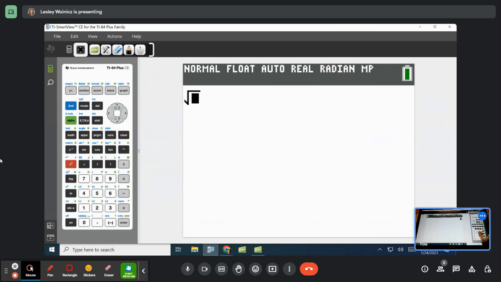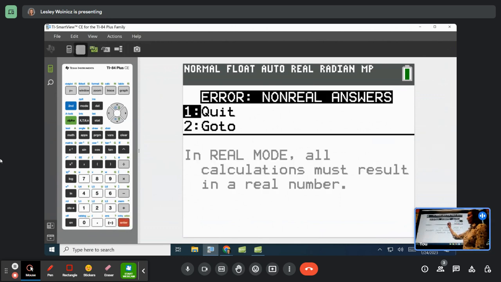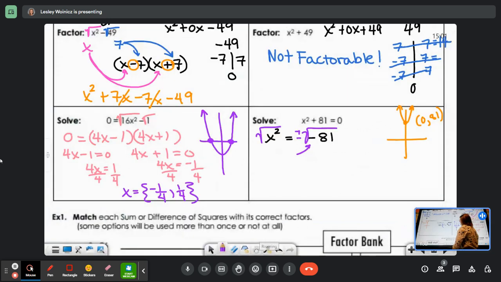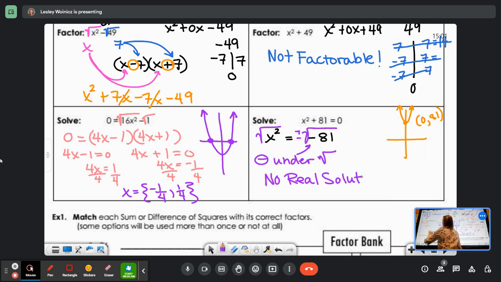Square root of negative 81, I get an error that says non-real answers because there aren't any real solutions. So when you have a negative under your radical, you get no real solutions, which agrees with our Unit 5 picture that we barely managed to recall.